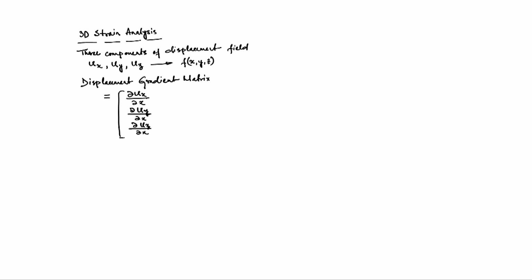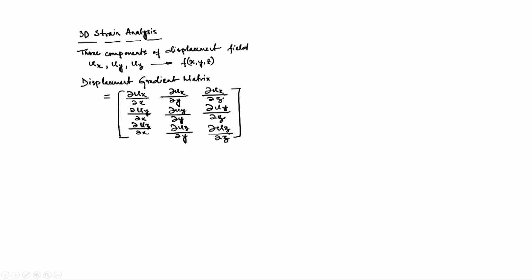So, that is the first column. Second column, Ux differentiated with respect to y, then Uy differentiated with respect to y, and then Uz differentiated with respect to y. And the third column is Ux differentiated with respect to z, Uy differentiated with respect to z, and the last one Uz differentiated with respect to z.